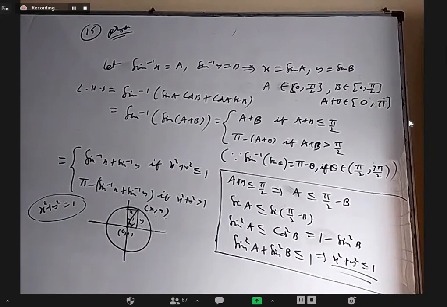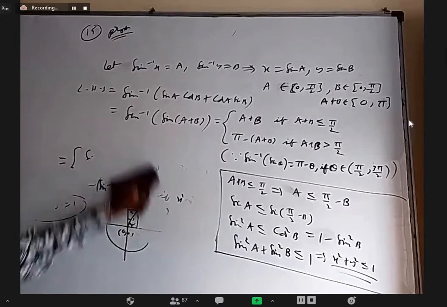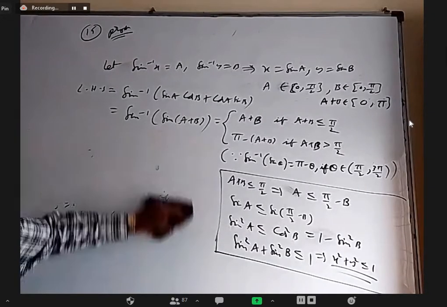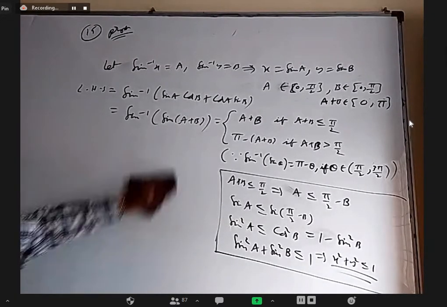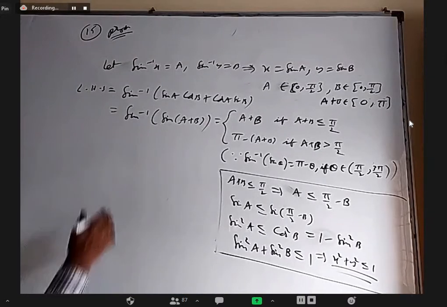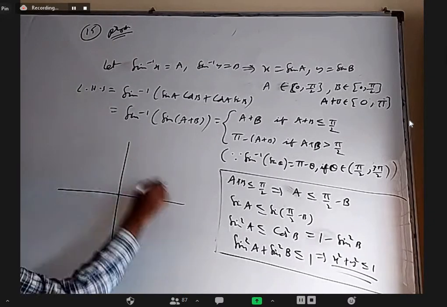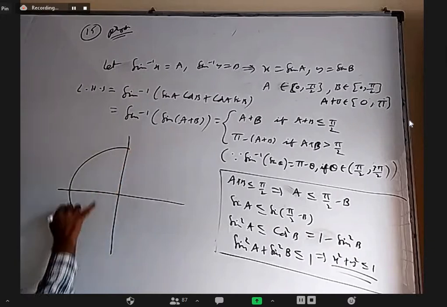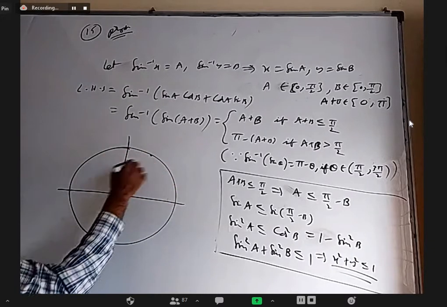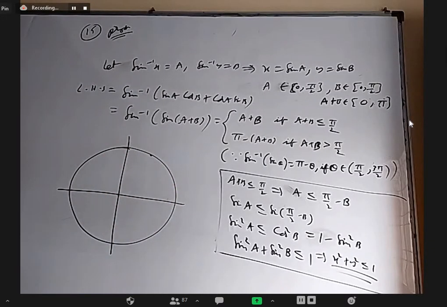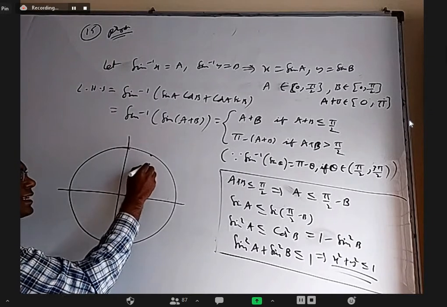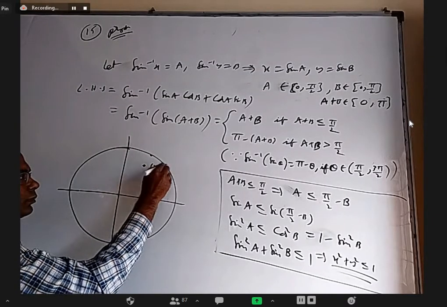Let us take a point inside the circle. Okay, this is my circle. We took a point and we proved sin inverse x plus sin inverse y is pi by 2. Let us say I take a point inside the circle as x comma y.